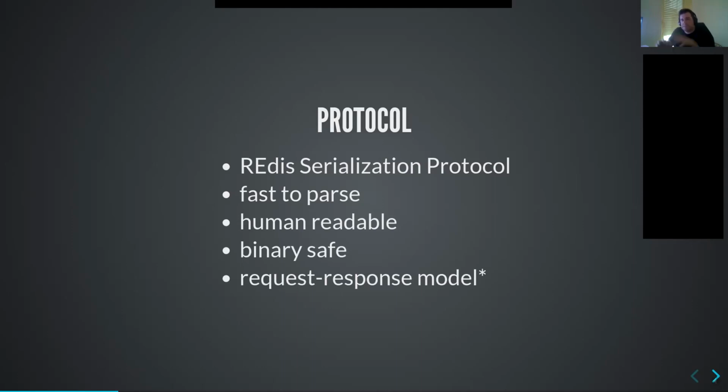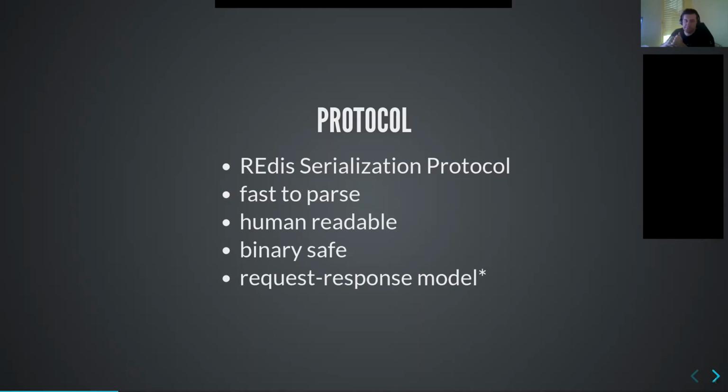What this means is that a client or client library, whether for Scala or for any other supported language, sends requests serialized as RESP chunks and expects to receive a response from the Redis server.